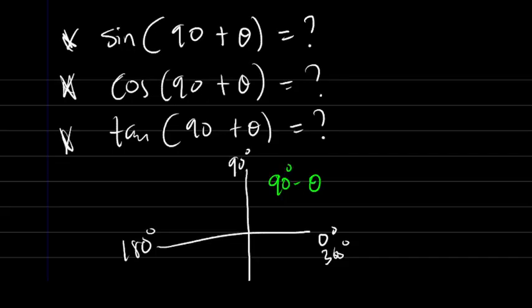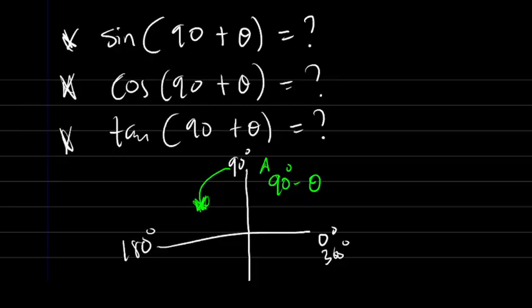Now, if we have 90 plus theta, what are we expecting? If this is 90, that means 90 plus theta will be around here, and this is the second quadrant. Don't forget what we have already done in the previous videos.